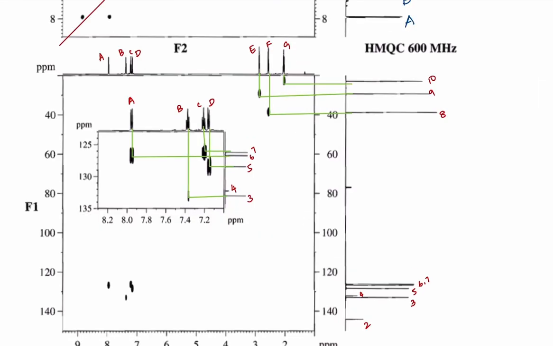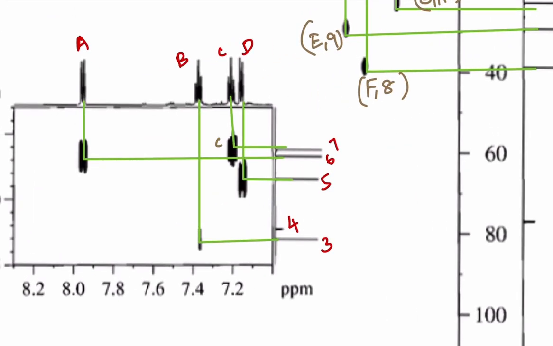Let's mark these points and give references for these points. So that's going to be G10. This is E9. And this is F8. And this one right here is C7. And this is D5. And this is A6. And this one right here is B3.